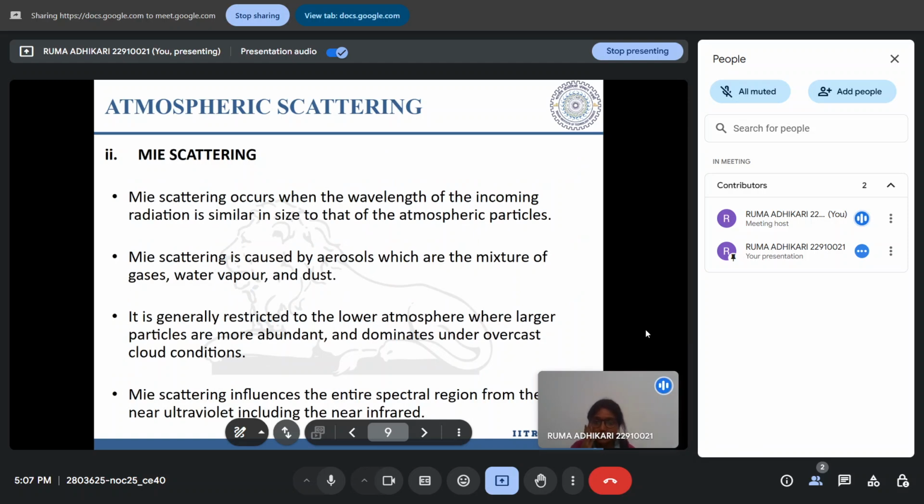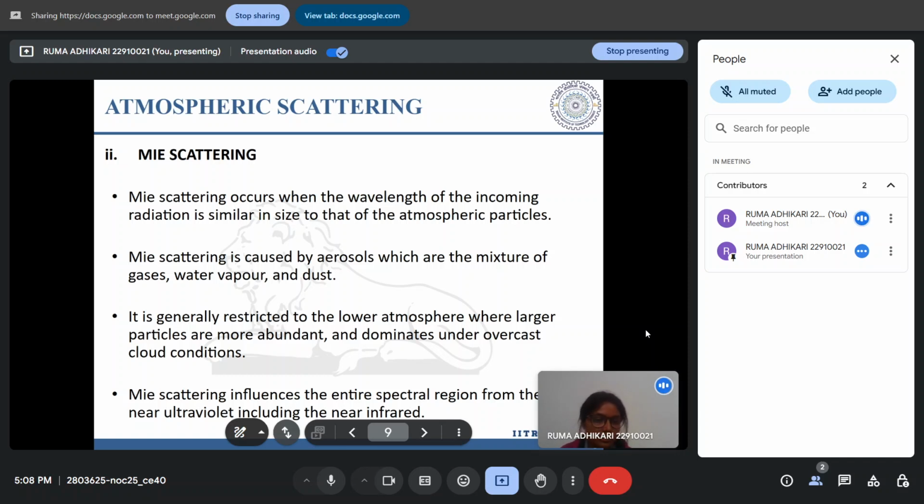Next is Mie scattering. Mie scattering occurs when the wavelength of the incoming radiation is similar in size to that of the atmospheric particles, that is, the particles it is going through. Mie scattering is caused by aerosols, which are a mixture of gases, water vapor and dust.